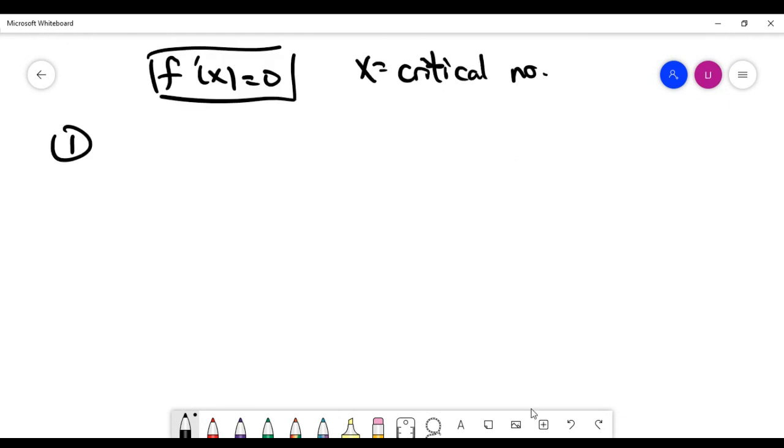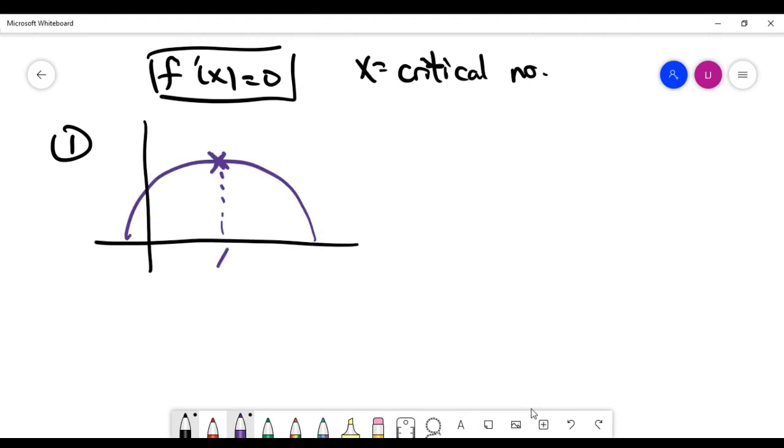Let's look at the first possibility, f prime equals 0, where x is a critical number. Please imagine what's happening when f prime is 0. When f prime is 0, the slope at that particular point is 0, which means if you look at the equation of the tangent, right at this point x naught, you can imagine that you are traveling on this line, going upward before approaching the point x naught, and right at this moment, you are turning your direction from increasing to decreasing.